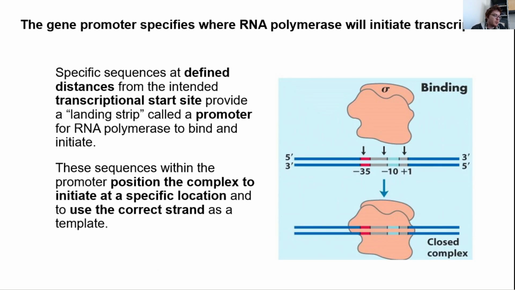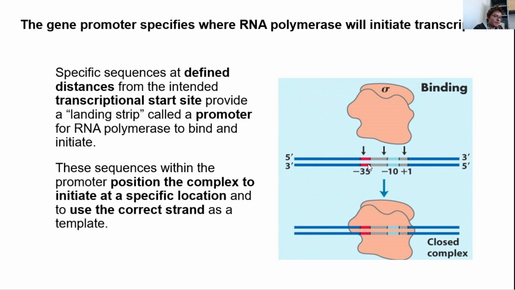And so what are these promoter sequences? Well, they are specific sequences at defined distances from the intended transcriptional start site. And so there are going to be elements of sequence, for example, that are 35 nucleotides upstream of the start site, or 10 nucleotides upstream of the start site.